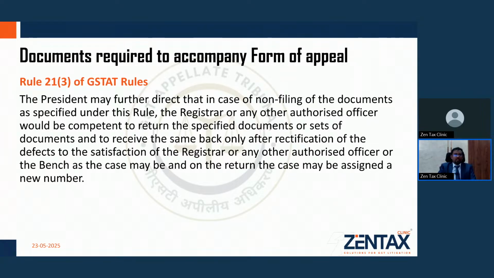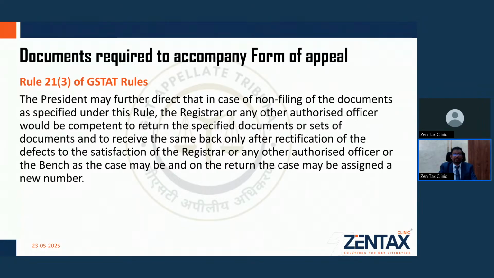Rule 21 sub rule 3 goes to say that in case of non-filing of the documents which is prescribed under this rule, that is to say all the documents which is required, relied upon documents has to be filed, then the registrar may return the specified documents, right?